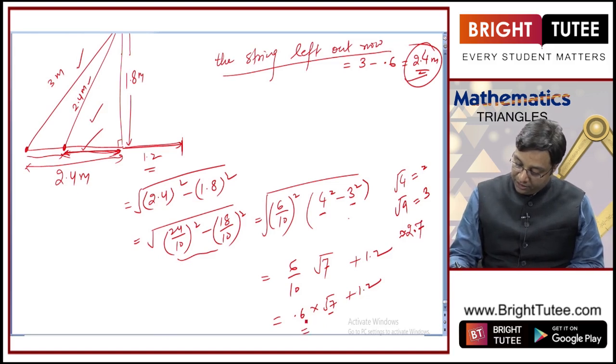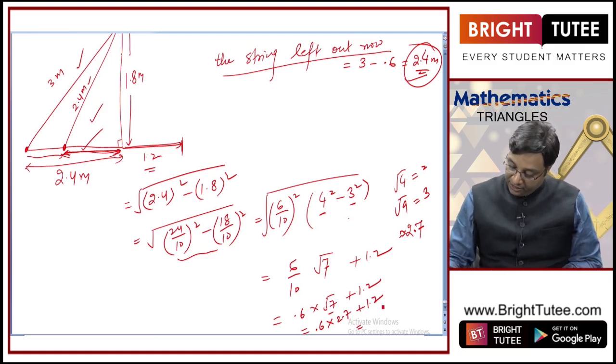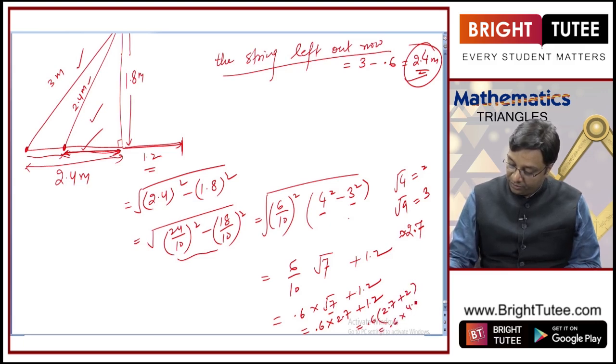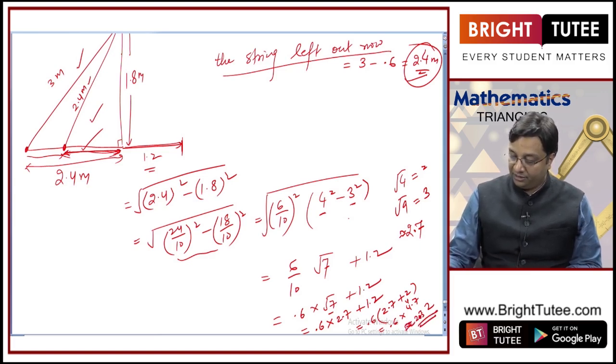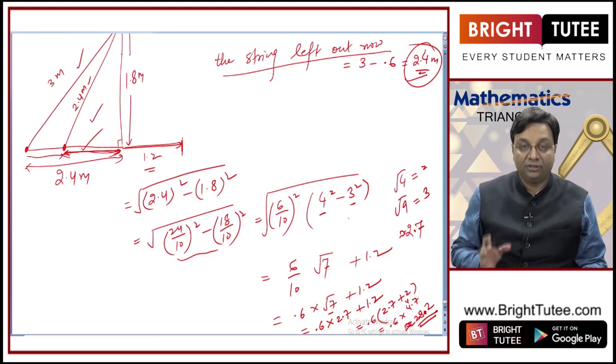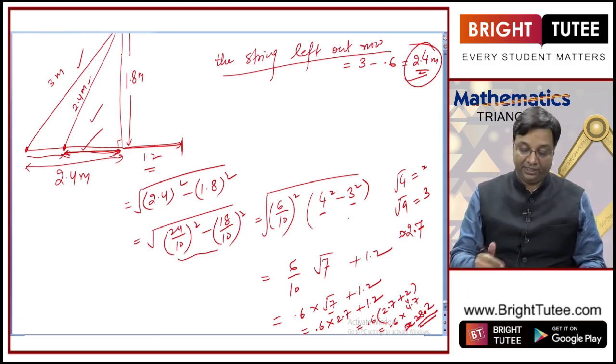So you can multiply 0.6 with 2.7 and then add 1.2 in it. If I take 0.6 common, I'll have 2.7 plus 2 here. So 0.6 into 4.7 is my answer, 2.82 approximately, for the distance of fly after 12 seconds from her.